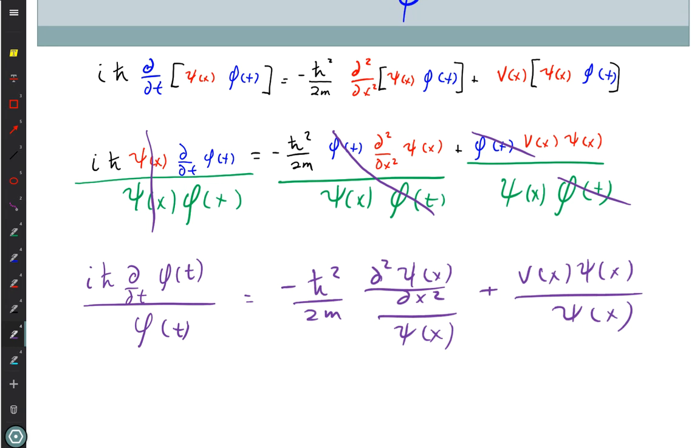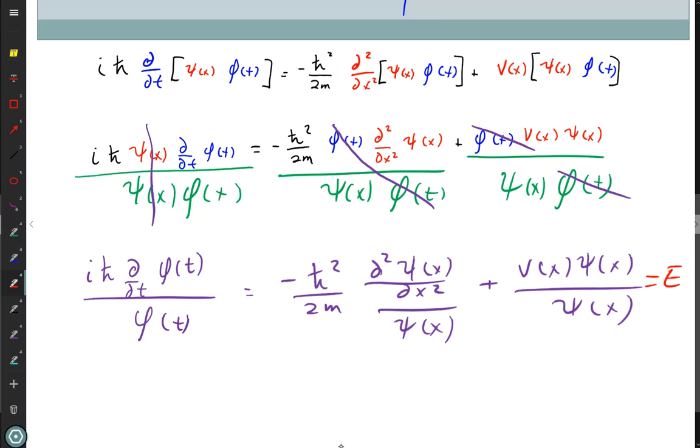If I change position but don't change time, I can't have a change in the left-hand side. So they're both going to have to be constants. So we take this and we just say arbitrarily it's equal to a constant, and that constant turns out to be the energy E, so I just wrote E. So that gives us two equations now, the left-hand one and the right-hand one.